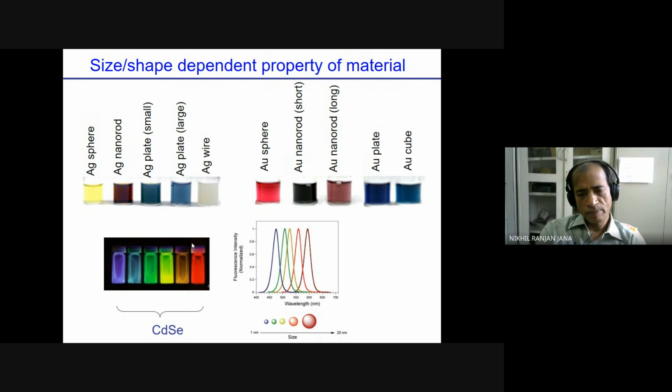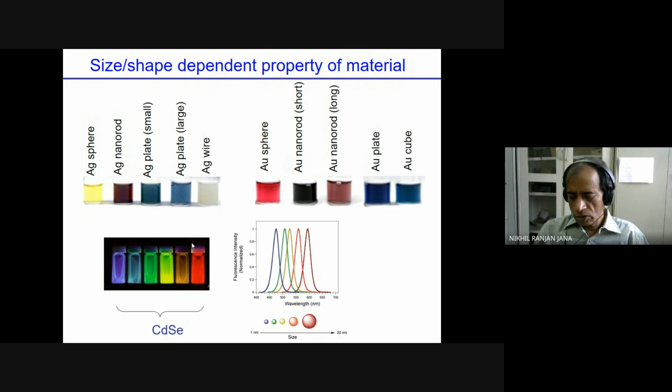These colors are emission. In colloidal solutions, if you shine UV light, you will get different colors depending on their size. So material property is size dependent. Same material, just by varying size or shape, you can get different colors.